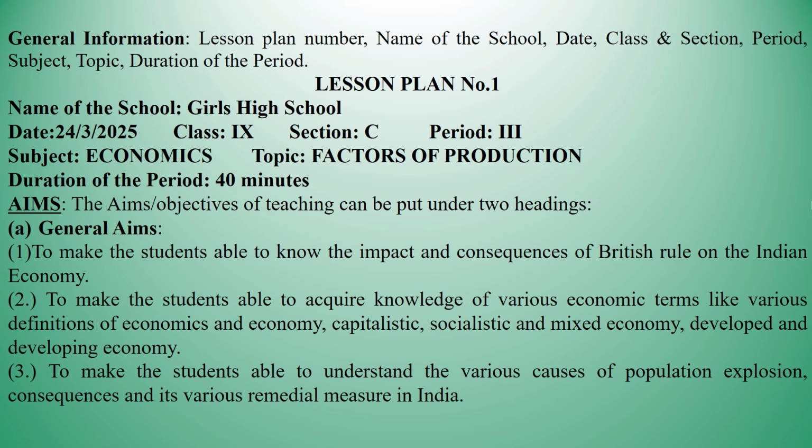After that, since my teaching subject is economics, I have written economics, and my topic is factors of production. Lastly, the duration of my period is 40 minutes, so I have written 40 minutes.